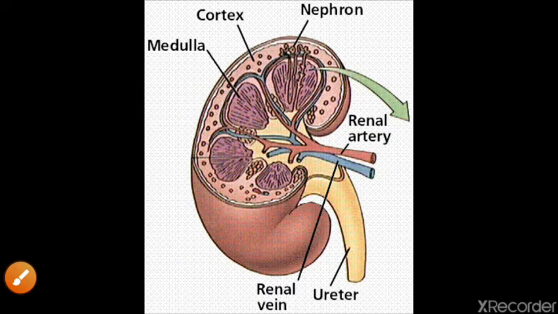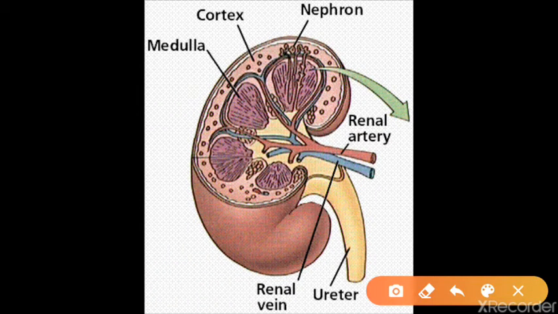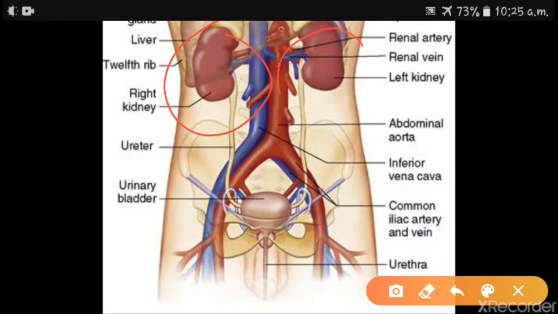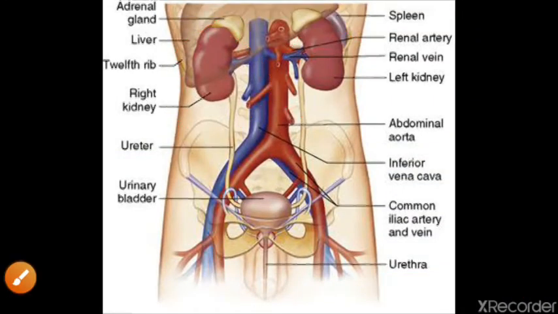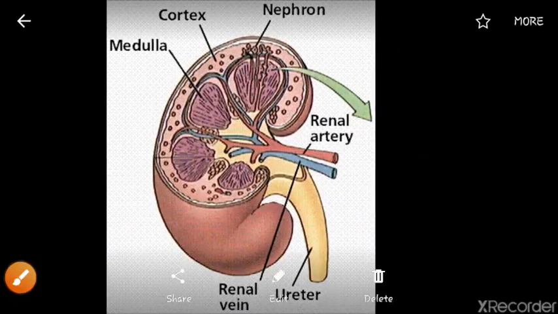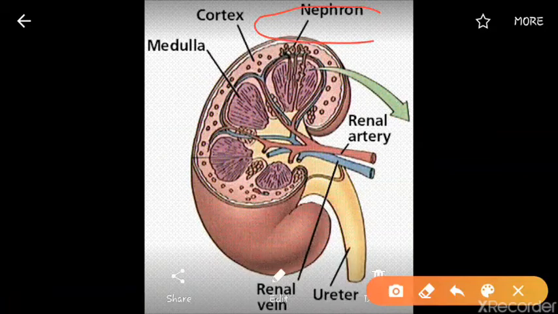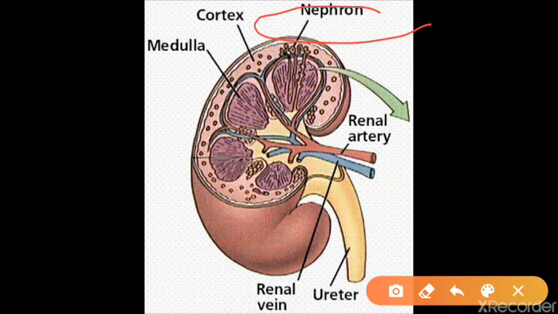So here is the nephron. In this diagram we have seen the kidney, two kidneys are here. If we take a section of this kidney, we will see this diagram, where we have the nephron. Nephron is the unit that removes the waste from the human body or other animals.